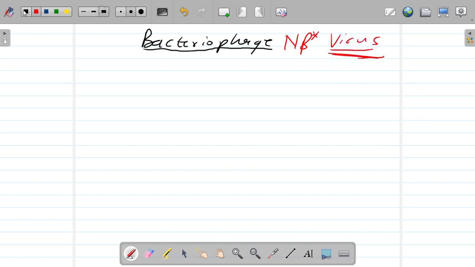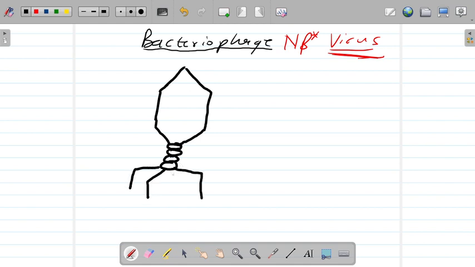Great. Let's draw it. A bacteriophage looks something like this. It will have a head. There's a simplified structure. And then it will have a tail. The tail has tail fibers. Good.